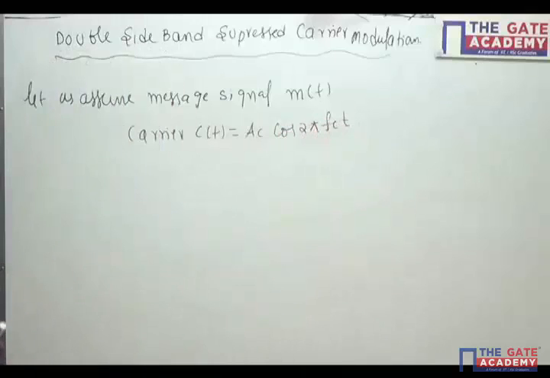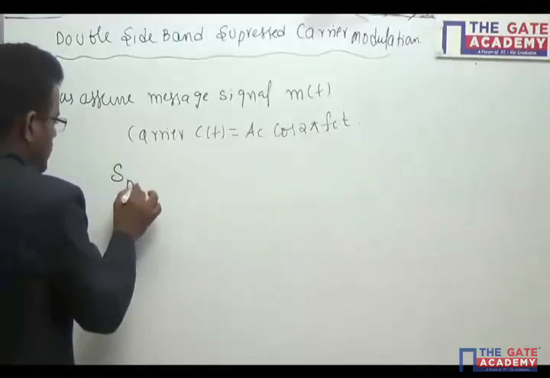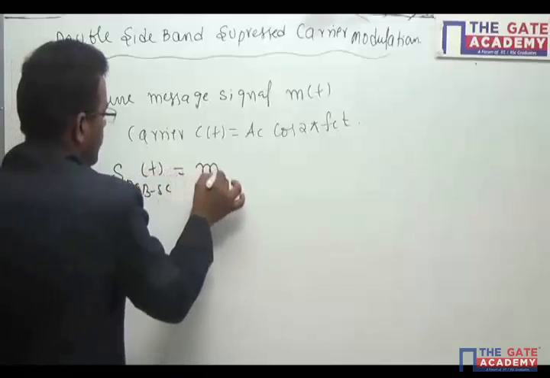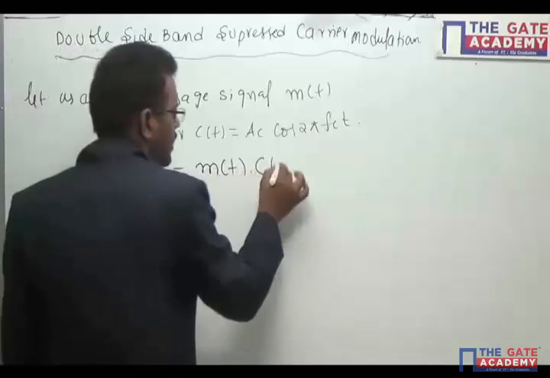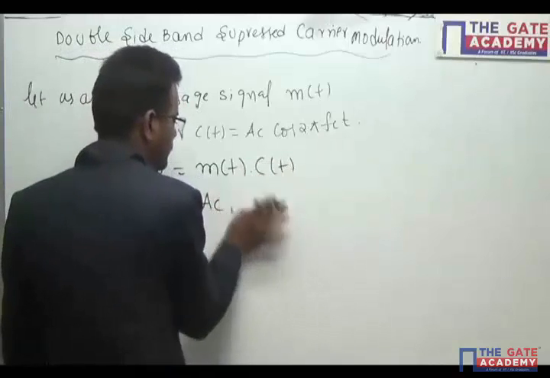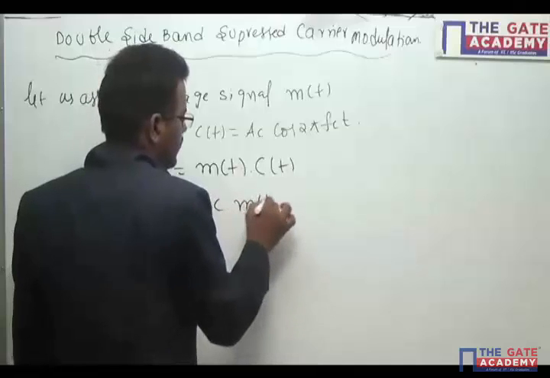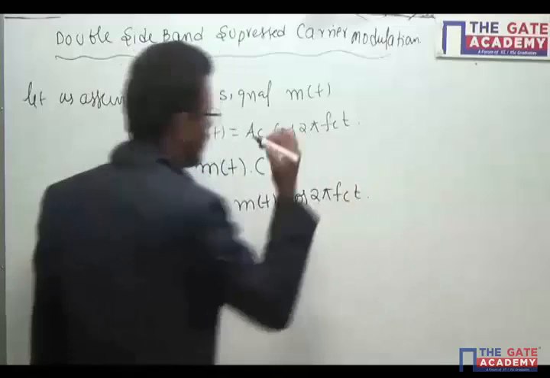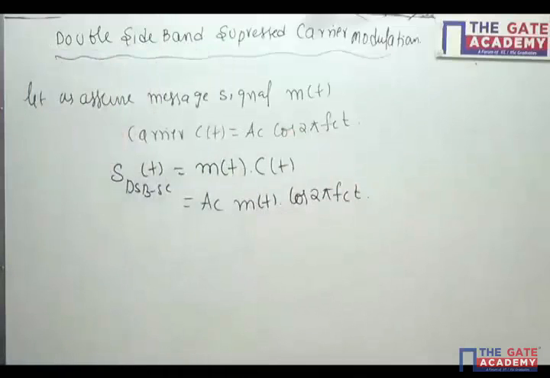Then the DSBSC modulated signal is the multiplication of m(t) with the carrier, that is simply Ac m(t) cos 2πfct. This is the general expression for DSBSC.